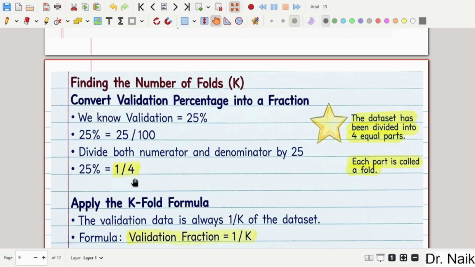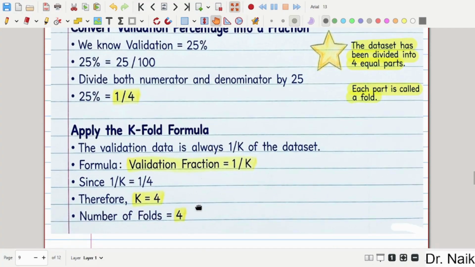Each part is called a fold. The validation data is always given by the formula 1 upon k of the dataset. So the validation fraction formula is 1 upon k. Since 1 upon k is 1 upon 4, therefore k is equal to 4. So the number of folds is 4.